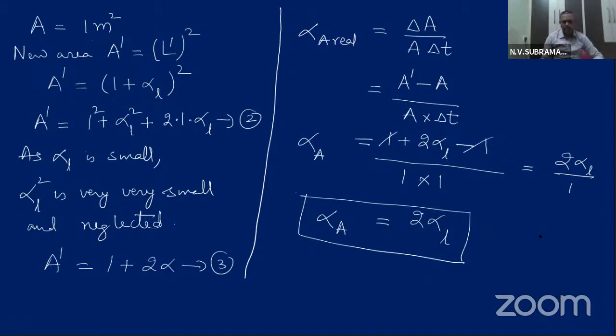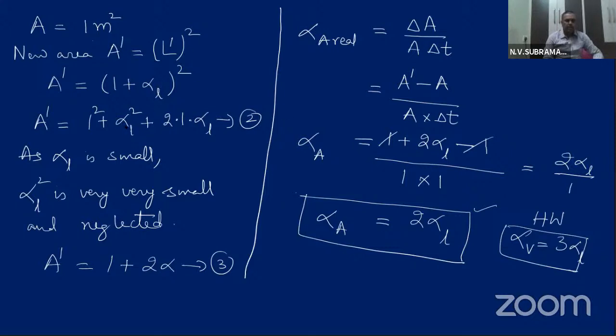Alpha A is how much? 2 alpha L. So areal expansion is double the linear expansion. Like that, volume expansion will be triple the linear expansion. Remember, try to prove this as homework. Alpha volume is 3 alpha L.